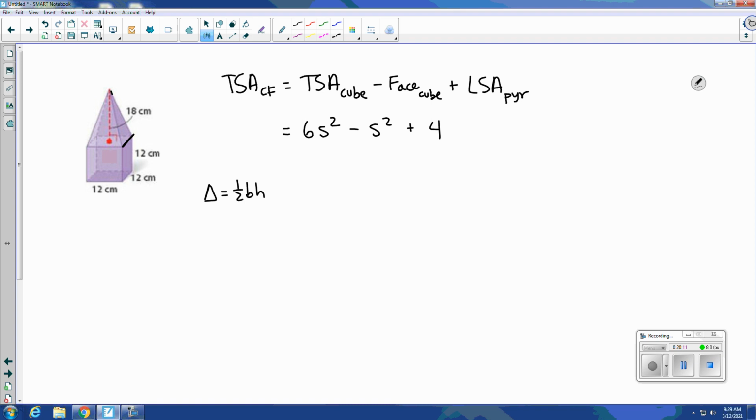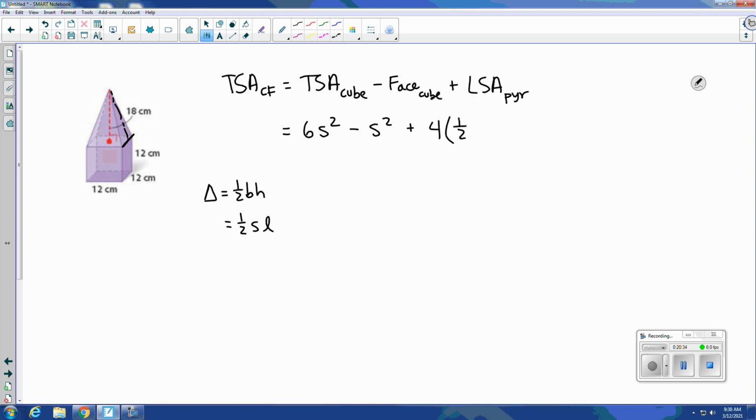Now the height is actually the slant height, so we have to be careful there. We can't use that 18. We call the slant height L in the formulas. So our height is going to be L, the base is going to be S, and we have 1/2, and it's going to be 4 of those triangles.